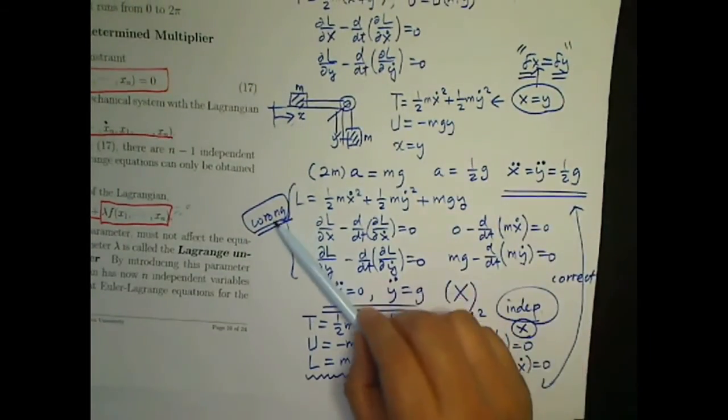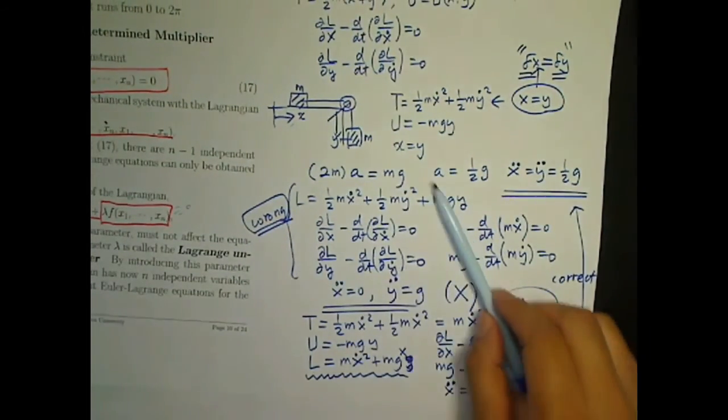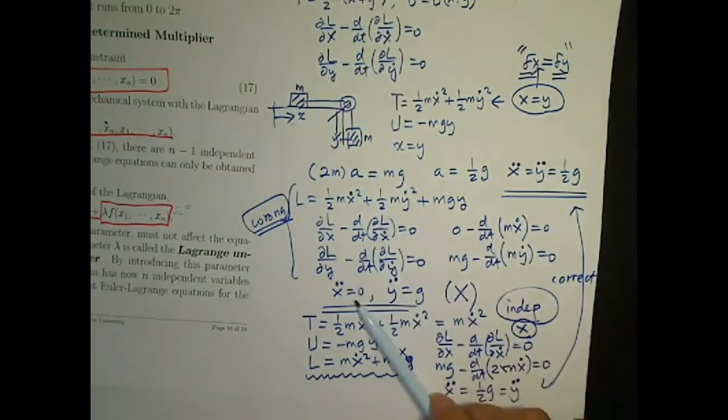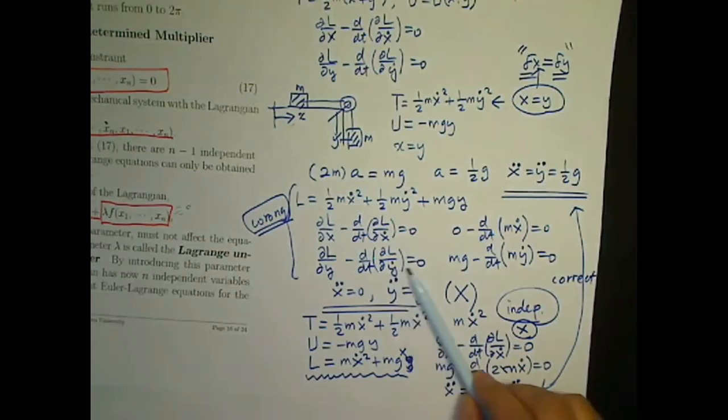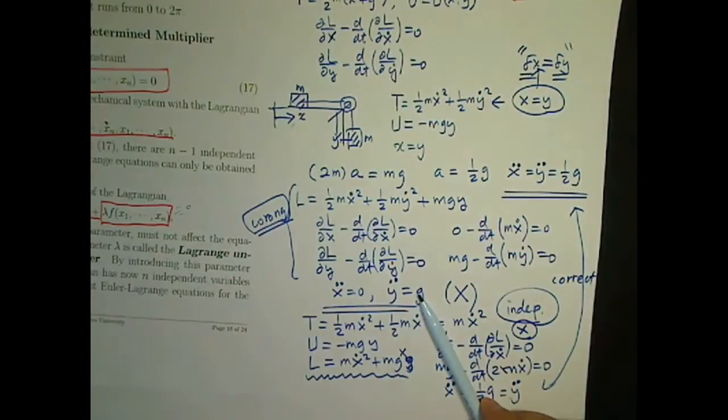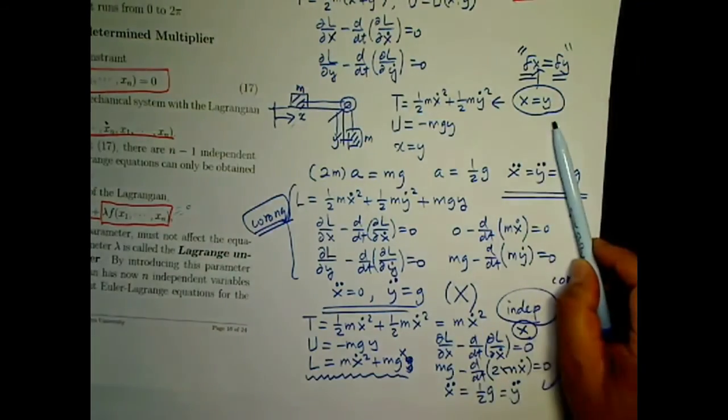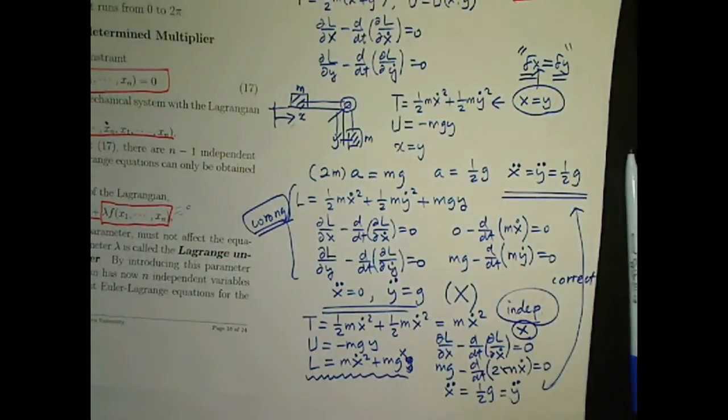And we made the wrong calculation to find that the acceleration of x was 0 and the acceleration of y was g. It was because we did not consider the fact that x and y are dependent.